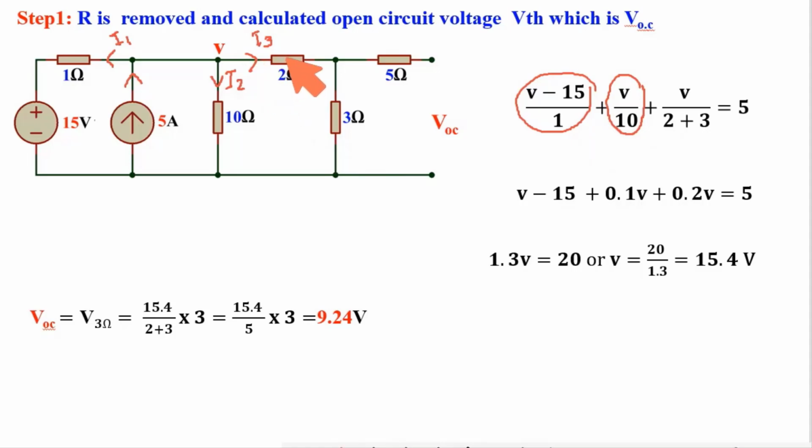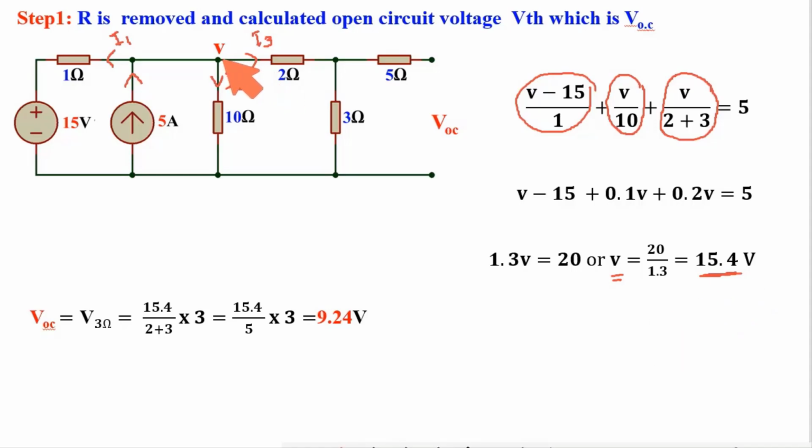What is I3? I3 is flowing through this path. So I3 is this V divided by 2 plus 3, this is I3. So this I1 plus I2 plus I3 is equal to 5 ampere. Simplifying this, I got value of V is equal to 15.4 volt.